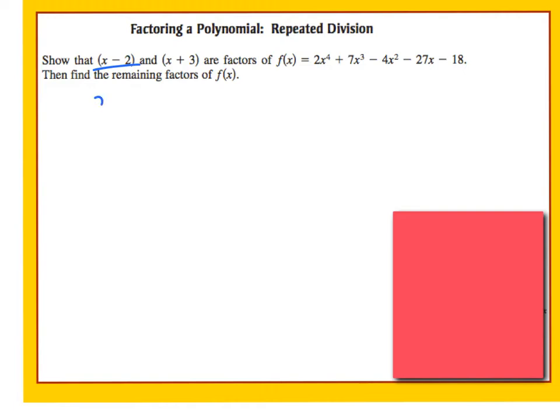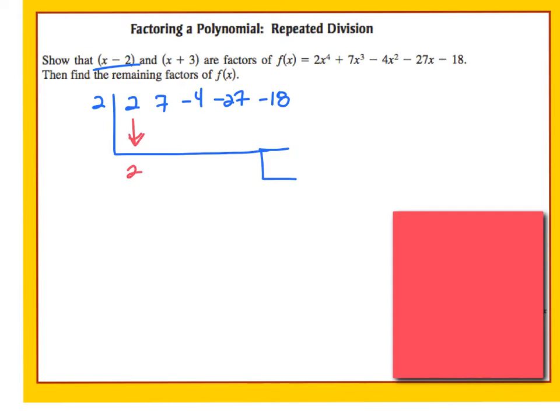So now I have 2. And then let's set it up. I now have my coefficients of 2 and 7 and -4 and -27 and -18. And then I have a little box. Now, what is going to be in that little box? 0. If 0 is not there, we did it wrong. All right? So let's drop 2.